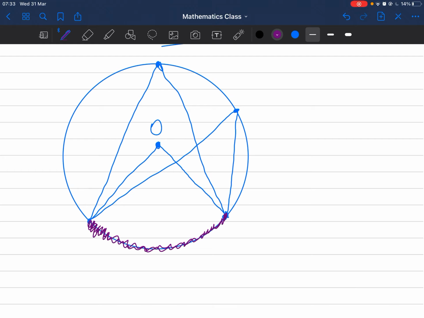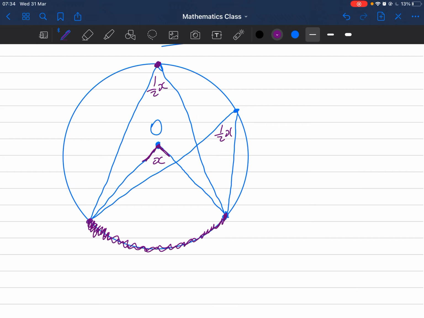Meaning, if you have an angle here at the center, for argument's sake let's call this angle x, then the angle at the circumference is half x. And also this angle here is half x.